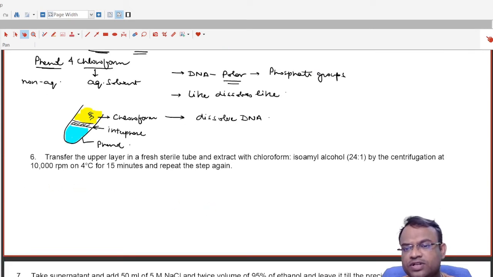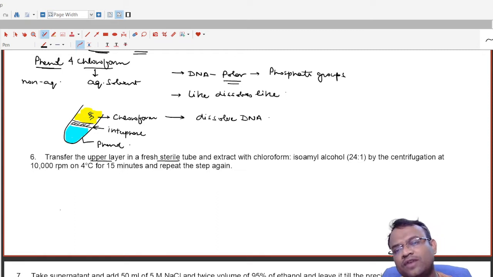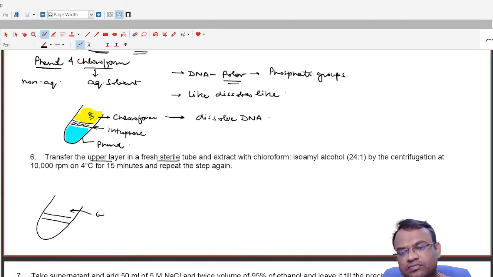So this is what is written over here: transfer the upper layer in a fresh sterile tube. This was the upper layer, and this was the interface. This upper layer was transferred into a separate, fresh tube. Why are we transferring it into a fresh tube?